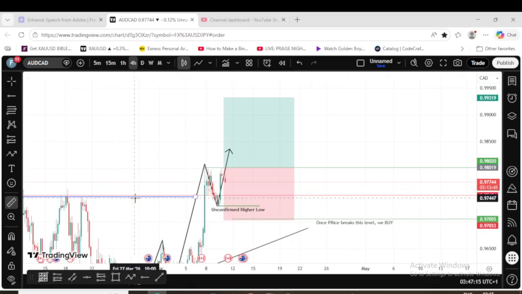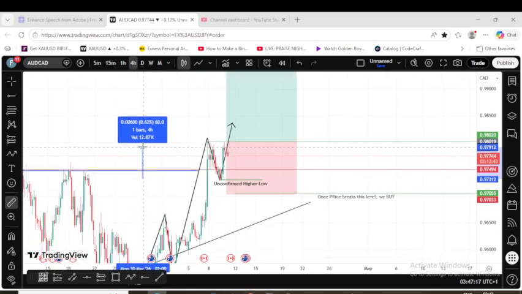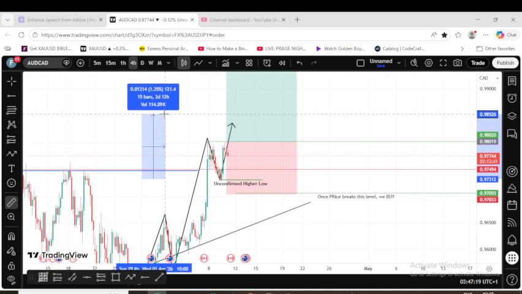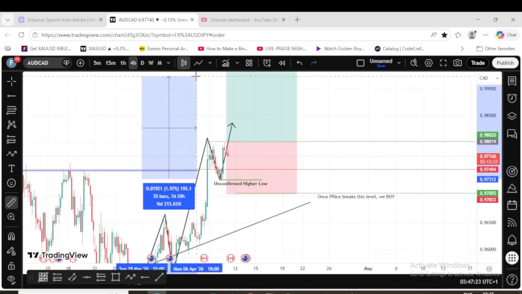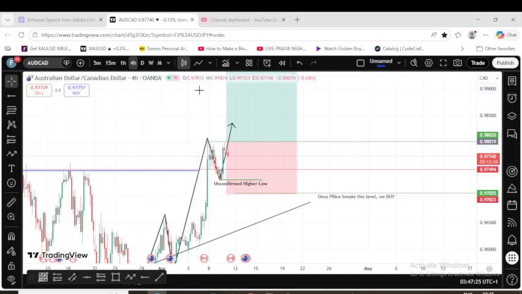I should be able to expect it to get to at least 180, 200. So that's it for both analyses on Australian dollars, Canadian dollars.